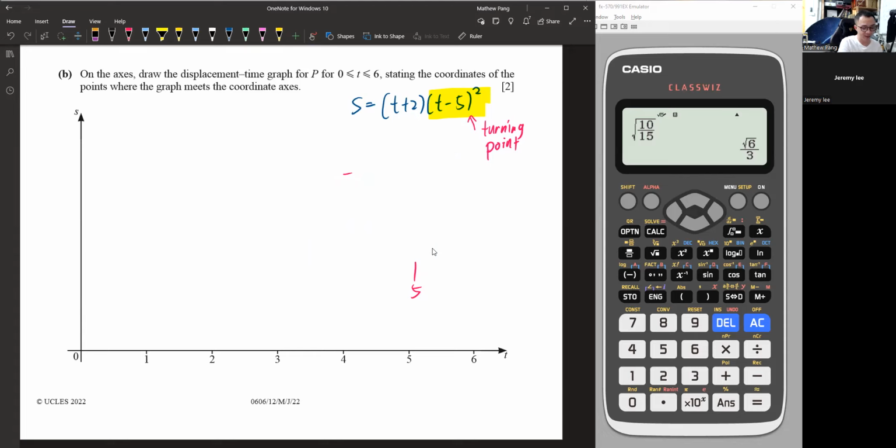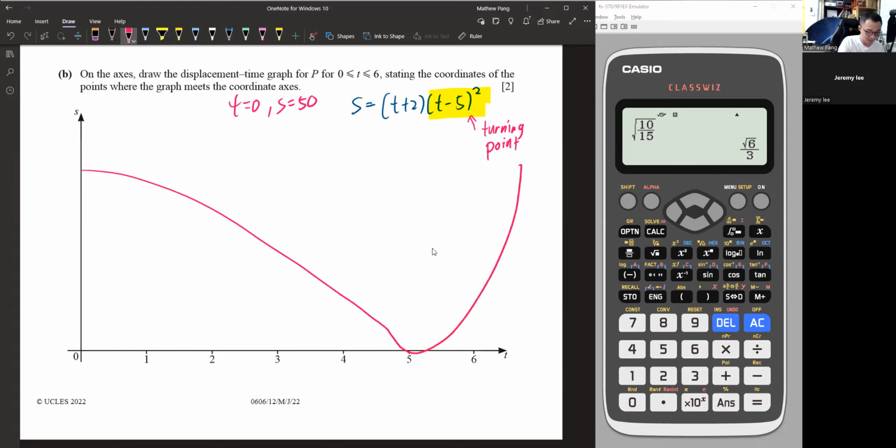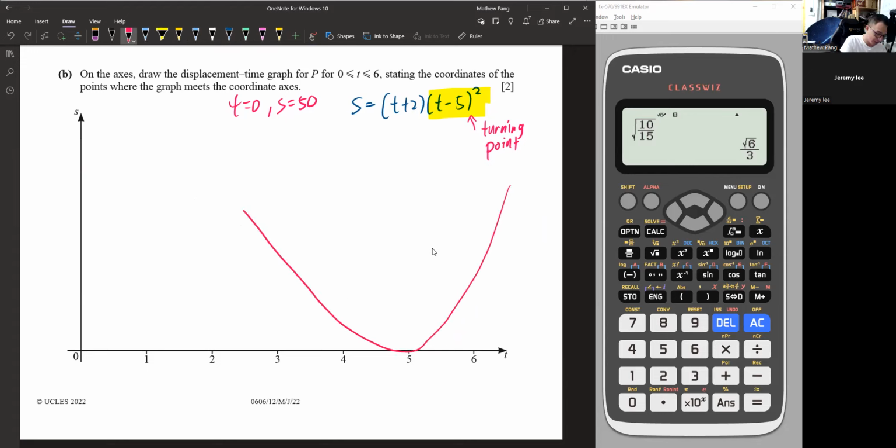I know when t equals 0, s equals 50, and then I will have something like this. 5 will be my turning point. You can draw it as smooth as possible. I'm not so good at drawing. So this one will be 50, and this one will be a turning point at 5. Even though this is a cubic equation, I guess this is how you draw.